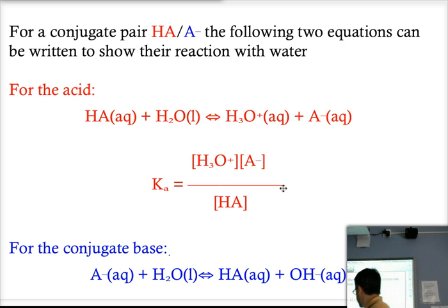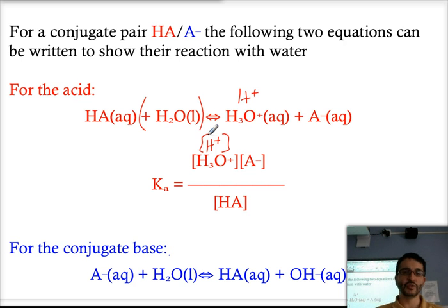But if we remove it, this would just be H plus. All right. If we don't put the water in there, it's basically the same. But as the acid ionizes, it creates H plus and the conjugate base.